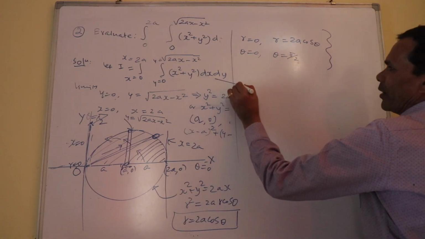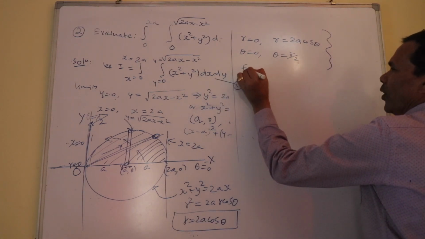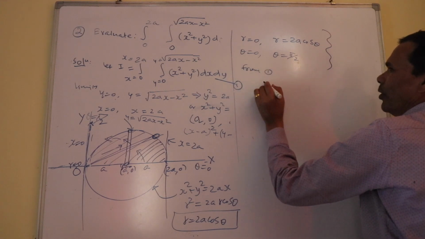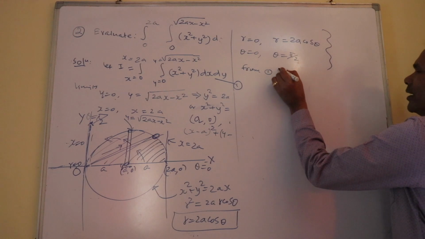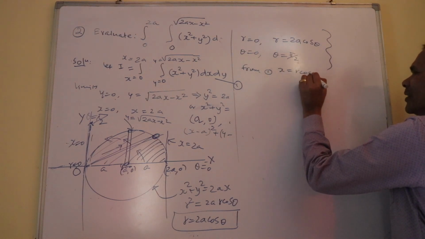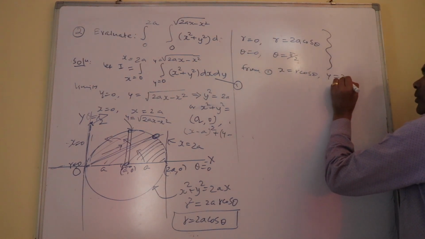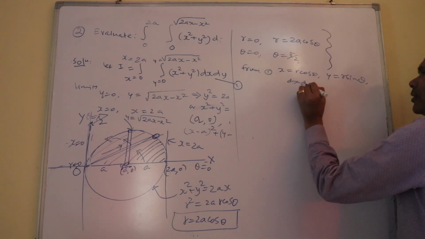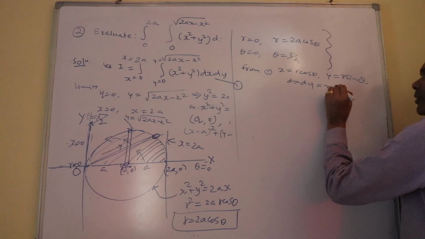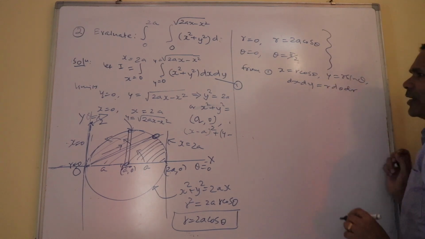Therefore, integral 1, I call this I. From 1, we get it transformed by the substitution as usual: x is equal to r cos theta, y is equal to r sin theta, x square plus y square is r square, and dx dy is r d theta dr. We have seen this in the earlier example.